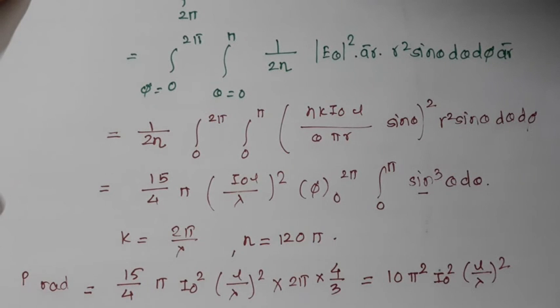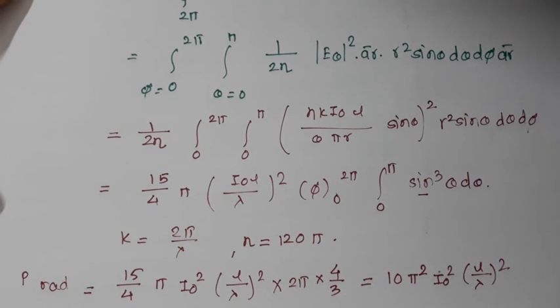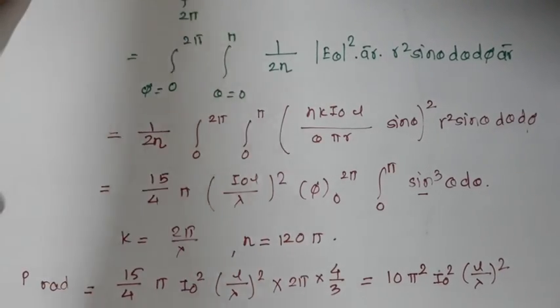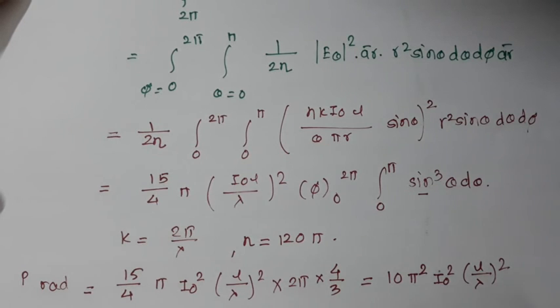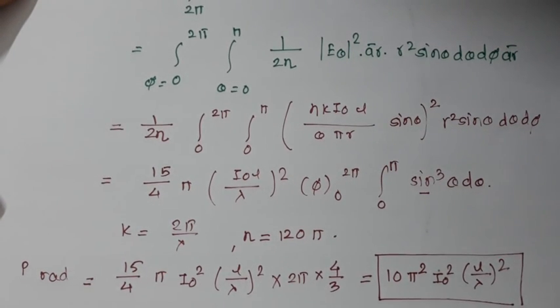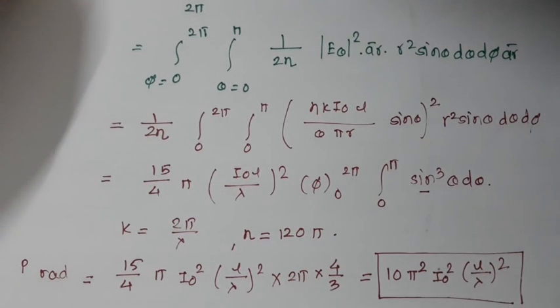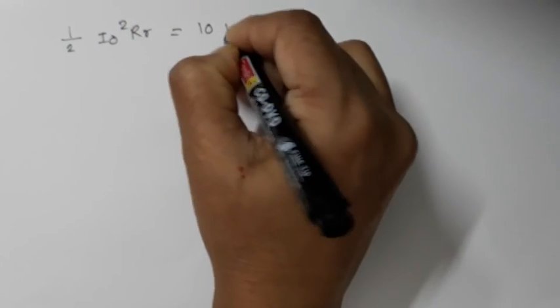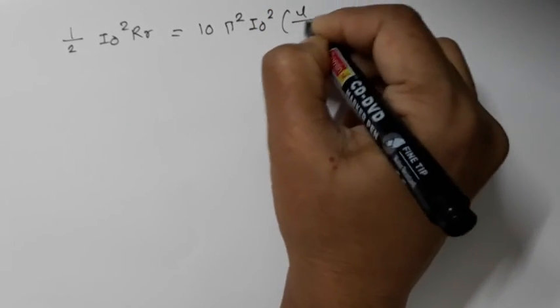So the power radiated can also be written in terms of RR, the radiation resistance. Here you have this radiated power 10π squared I0 squared. If I write this in terms of RR, this equation will become 1 half I0 squared RR is equal to 10π squared I0 squared (L by λ) squared.